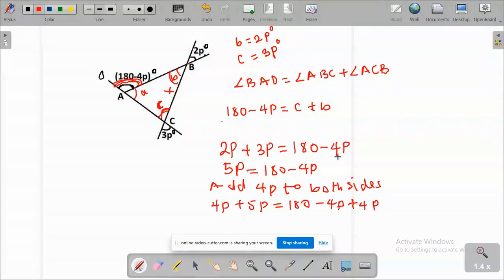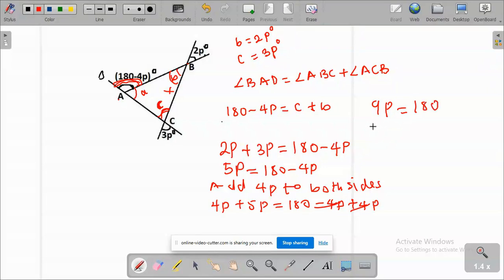Now, why are we adding 4p to both sides? Because we want to get rid of minus 4p from the right hand side, so that eventually 4p plus 5p gives 9p. Here, the minus 4p plus 4p is off.